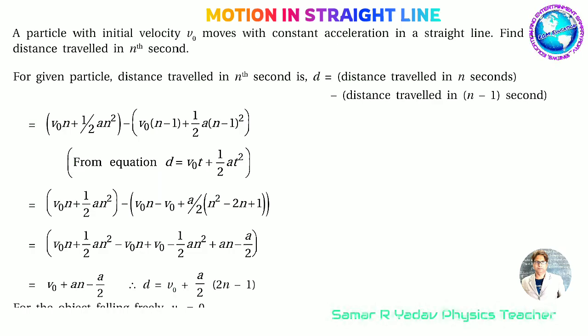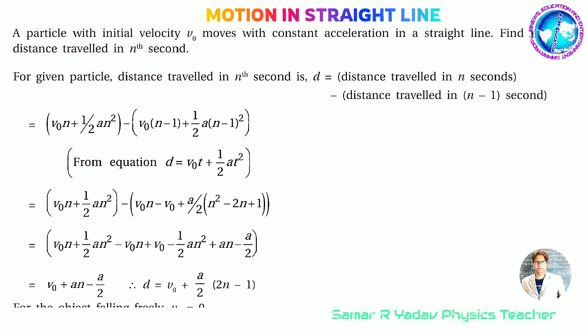For the given particle, the distance travelled in the nth second is d, equal to the distance travelled in n seconds minus the distance travelled in (n minus 1) seconds, equal to (v0 n plus 1/2 a n square) minus (v0 (n minus 1) plus 1/2 a (n minus 1) whole square).